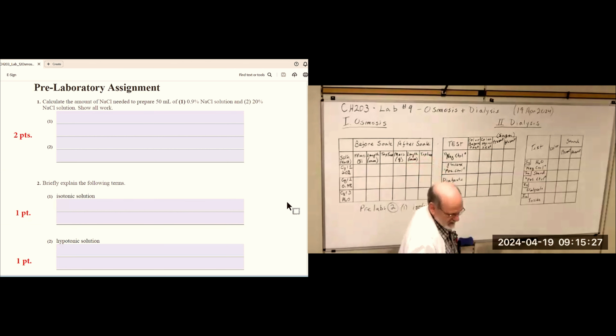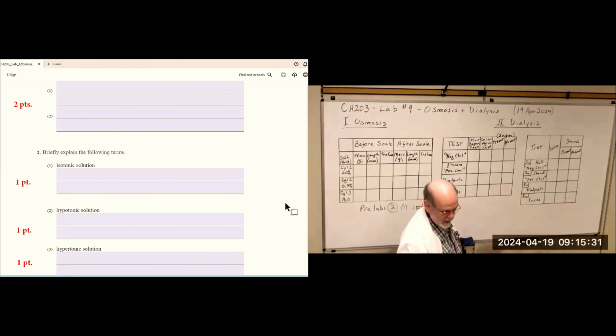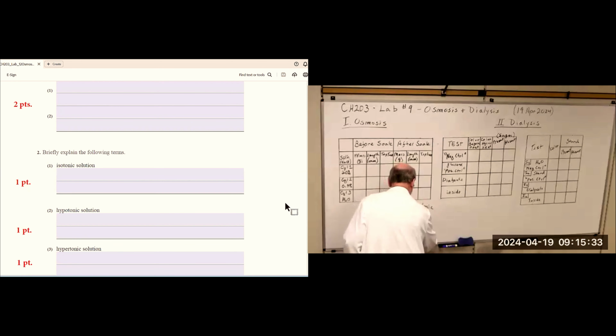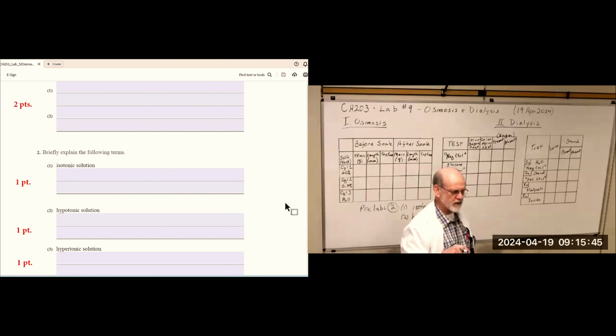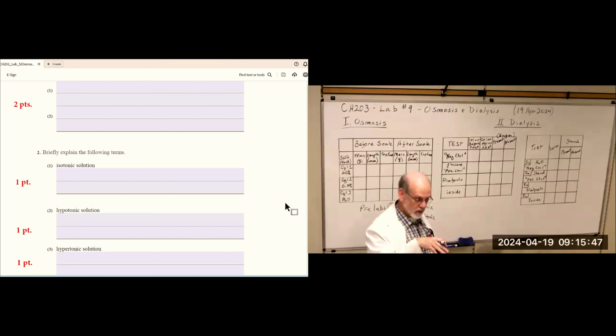All right. Let's see. Well, there it is, number 2. I mentioned hypotonic already. A hypotonic solution is one in which the solute concentration is lower than inside the cell.